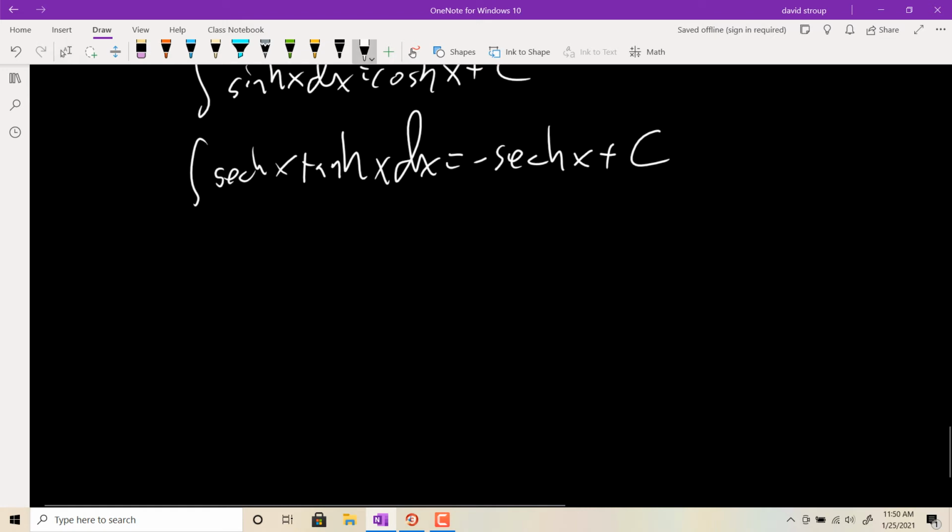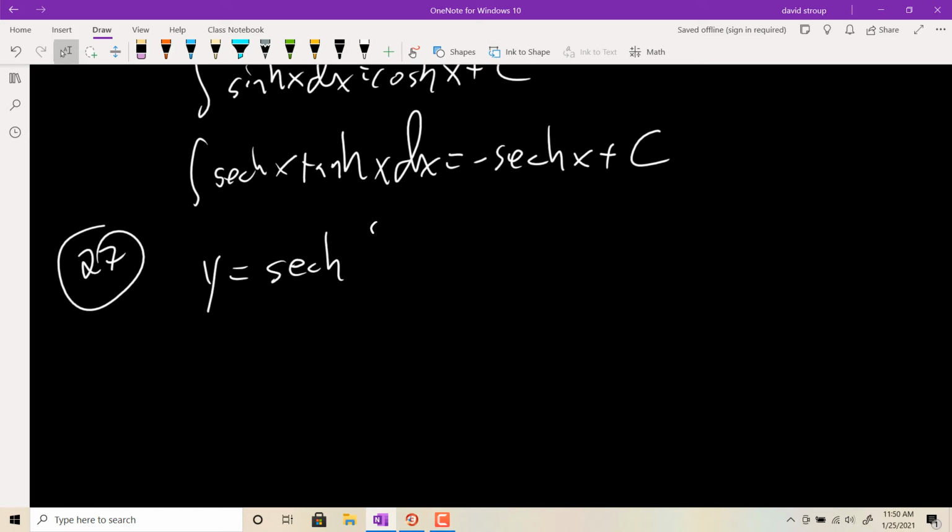So let's do one, right? Number 27, written in the book as y equals hyperbolic secant of, well, I'll show you how it's written first, of 5x squared. Students see this and sometimes think it means, which it doesn't, warning, it does not equal hyperbolic secant of 5x squared.